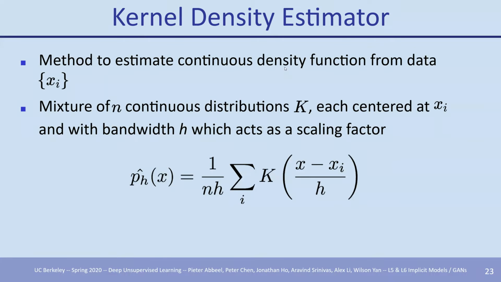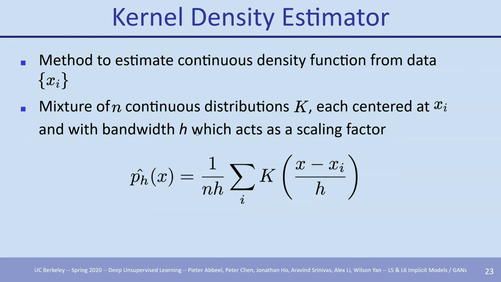How do we do it? We just grab a whole bunch of continuous distributions. We can just think of them as normals. So we grab n normal distributions, each centered at x_i and with bandwidth h.